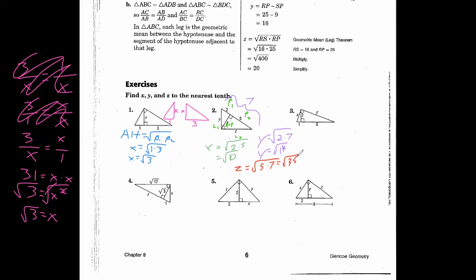Now, could I ask you to solve for something other than an altitude and a leg using those formulas? Yeah. You look at number 5, they already give you an altitude. They don't have legs. But for the legs, do you know what the whole is?